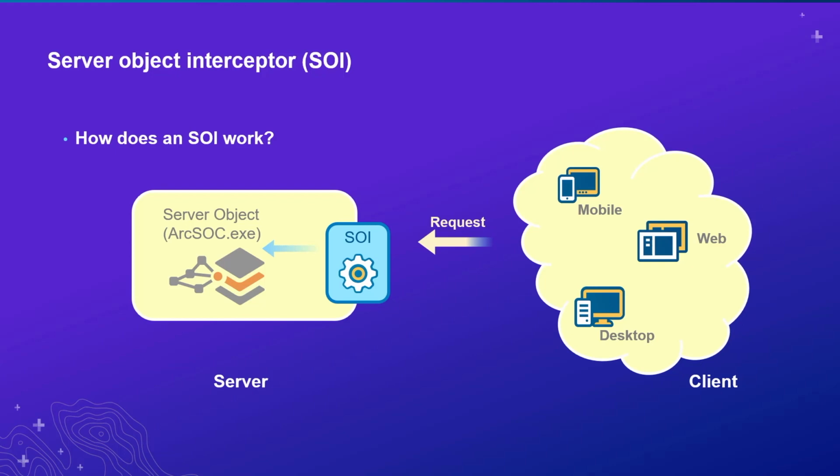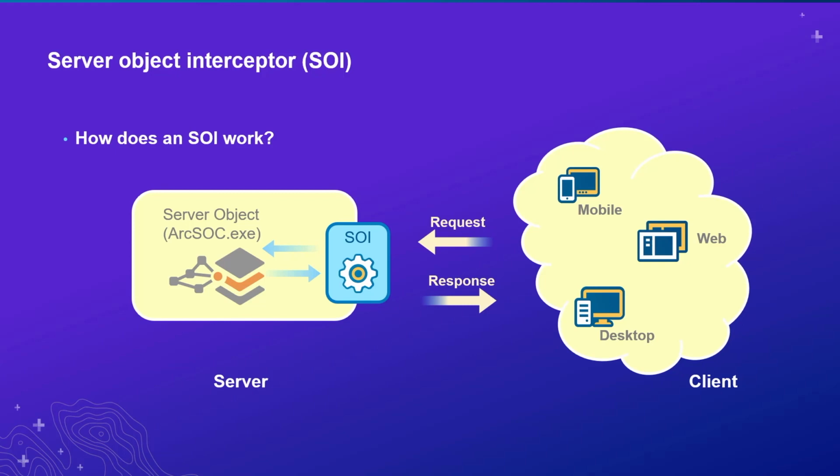After the server object has a response ready, it sends the response to the SOI again, and this would give the SOI another chance to modify the response. After that, the SOI will pass the response back to the client. So basically, an SOI can modify both the request and the response. And of course, the SOI can also let through the request or the response without any modification.